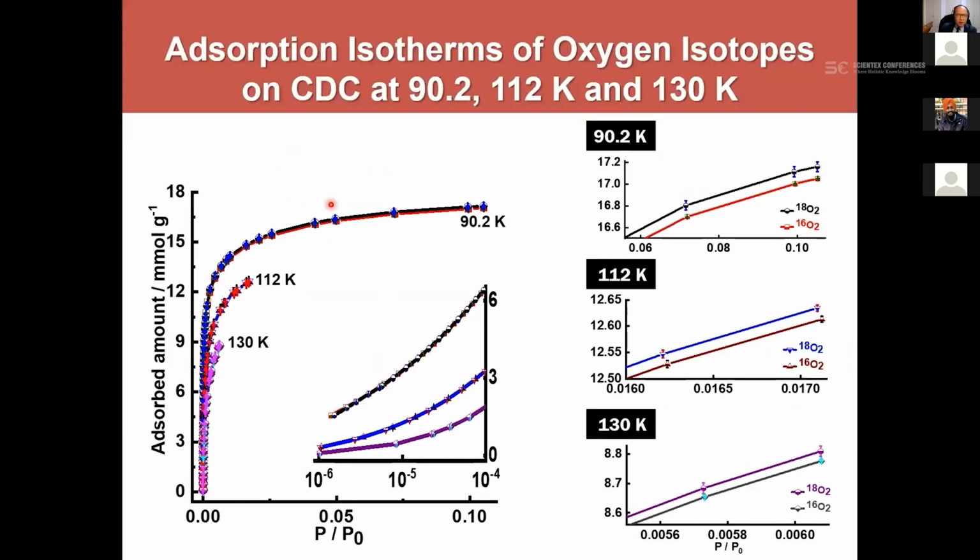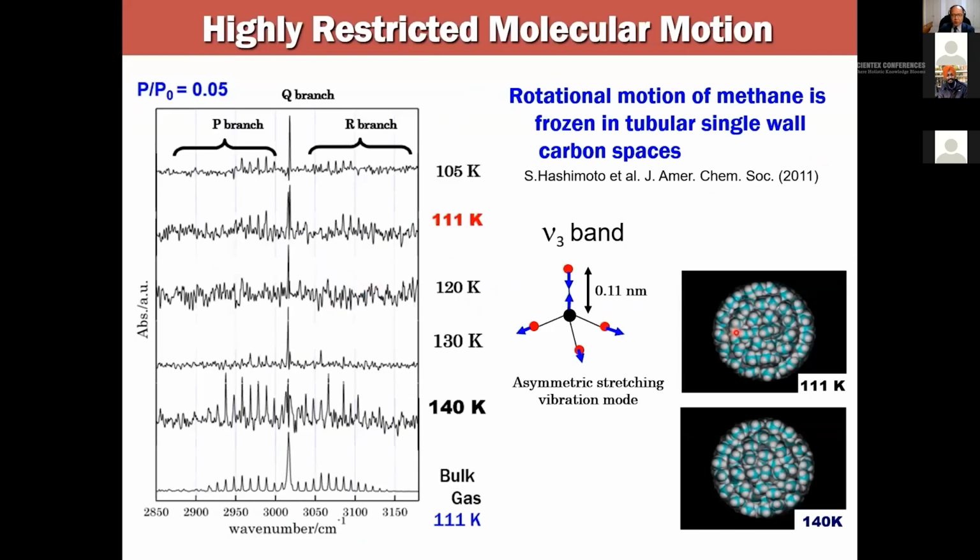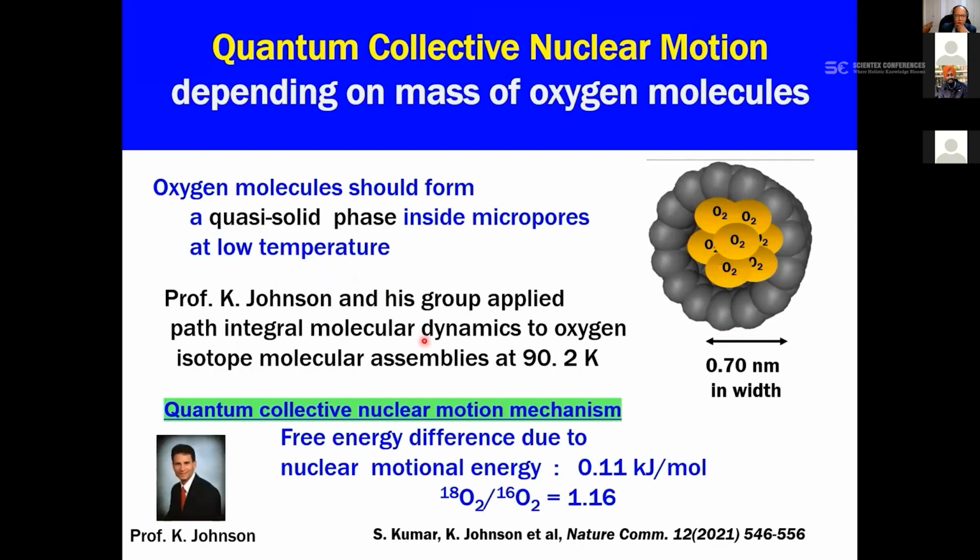And here I want to show you the adsorption isotherms. Argon 18 gives the higher adsorption amount. And also using such data, we can get the isosteric heat of adsorption. The difference is 0.3 kilojoule per mole, tiny, but this is very important because Carl Johnson applied the quantum collective nuclear motion mechanism to these argon isotope systems.